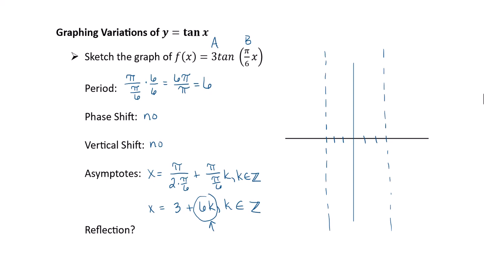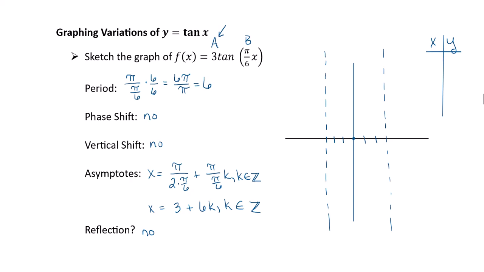Now I know that this graph is going to go through the point 0, 0, and I need to go ahead and decide if I have a reflection. I have an a value of positive 3, so that means we don't have any kind of reflection going on here. Let's make a t-table so that we can come up with another couple of points to graph.